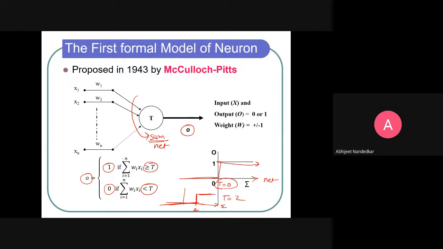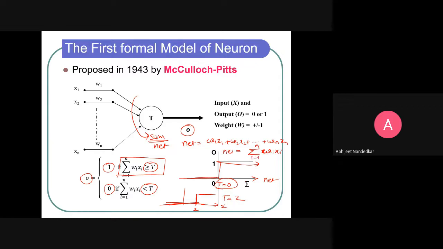So you can see here, this is a weighted sum. You can expand this. Suppose I write net equal to, weight first, w1 x1 plus w2 x2 plus and so on up to wn xn. So in short, we can write this in summation form, that it is wi xi, i equal to 1 to n.